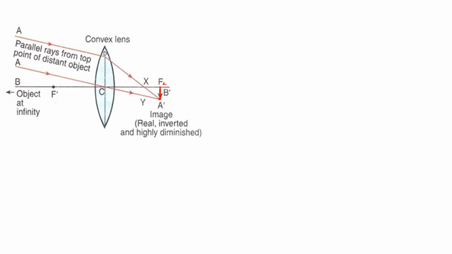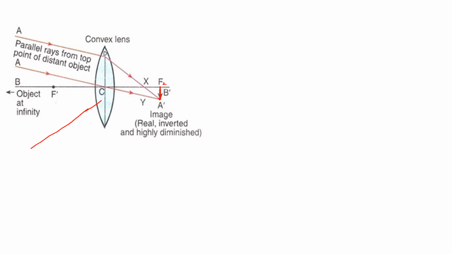If you are taking two lines like this, two lines which are parallel to each other, somewhere they are going to meet. After refraction, they are going to meet at a point which is right at the top of F2, the principal focus, right? Children, this diagram is not that great.